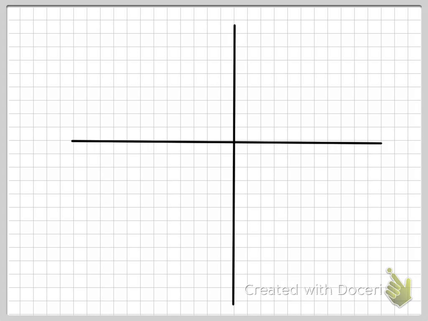So the first set of numbers that I'm going to make, and the instructions in your book will say make a scatter plot. All that means is make a graph. So I have -1, -1/2. I'm going to go over to -1, down to -1/2, which is going to be right there. Then I'm going to have 0, -3/2.